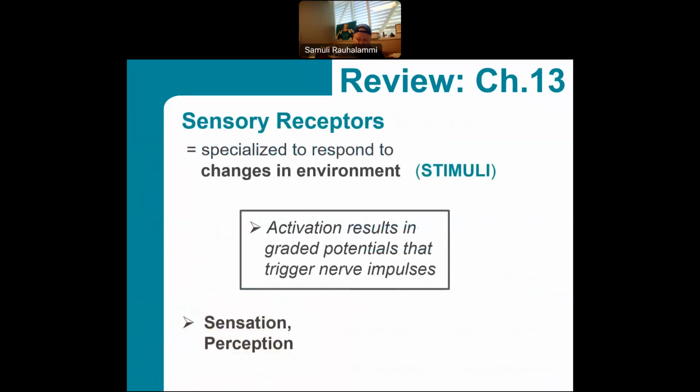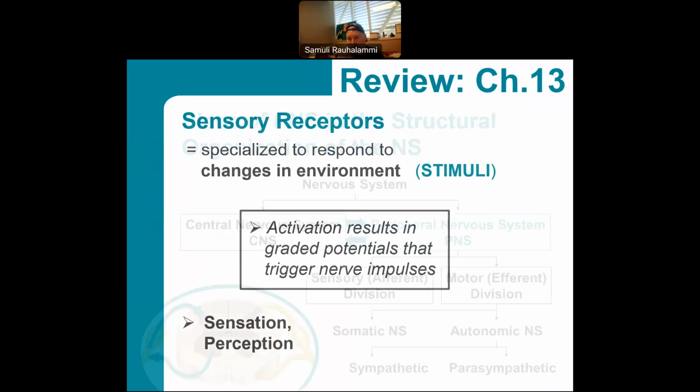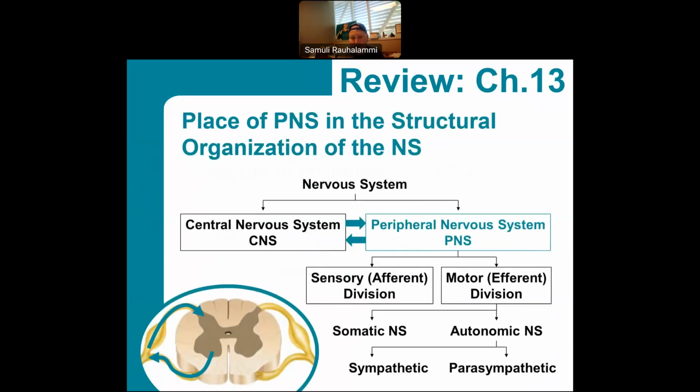So let's have a look at our sensory receptors and talk a little bit about that. I also want to jump back to the previous slide where we saw the information coming in and information leaving. Let me use the laser pointer.